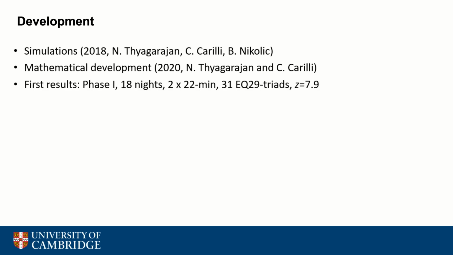In the same year, the first results were published for phase 1 HERA data, comprising 18 nights and 2 fields, each 22 minutes in duration, and 31 equilateral 29-meter triads.